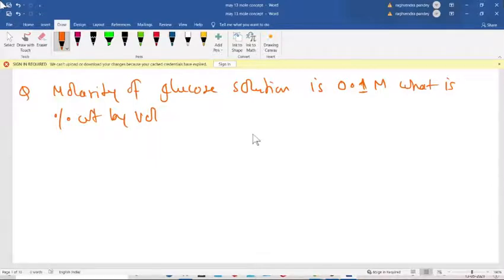Anybody can give the answer. 1.8, yeah, 1.8 is correct.